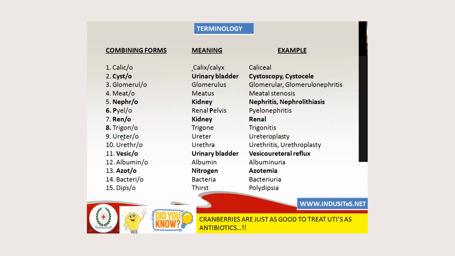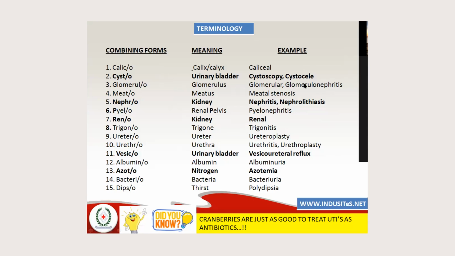Now next combining form is trigono. So trigono stands for trigone. Of course, it is the triangular shaped part within the urinary bladder, where these ureters enter as well as urethra leaves.